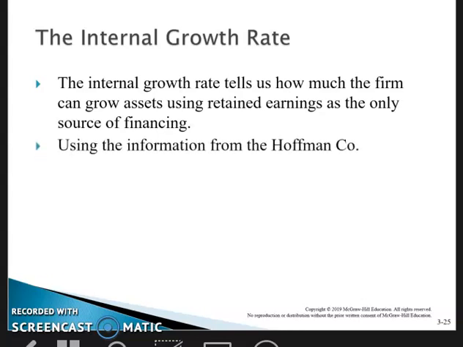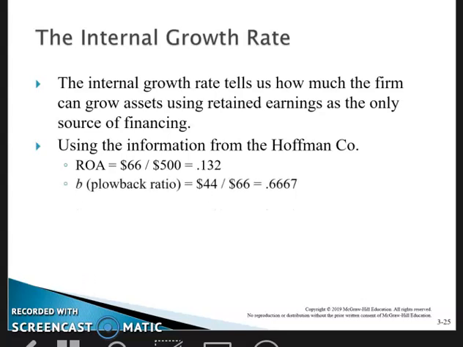So this is Hoffman Company's information. They have an ROA of 13.2%. The plowback ratio, or b, is the symbol used for that, is 66.67%, and remember that the dividend payout ratio was 0.333.